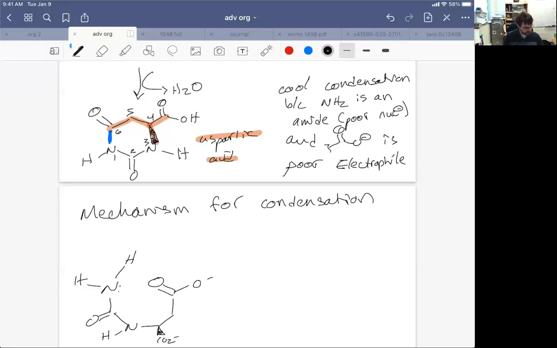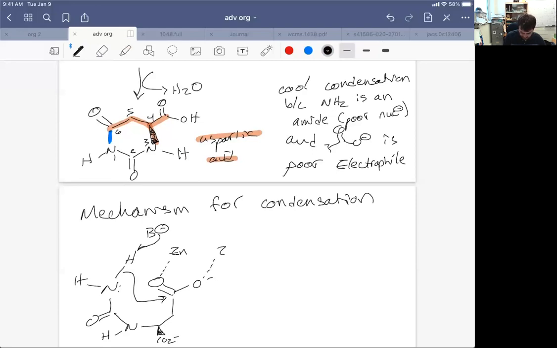So, I could just have lone pairs attacking here. But what turns out happens is that we have a basic residue sort of grabbing that hydrogen to push the electron density into the pi system of the aspartate carboxylate, so we reorganize everything so we're in close proximity. That's a good thing that enzymes can do. But we also have to activate this carboxylate so that it's a good electrophile.